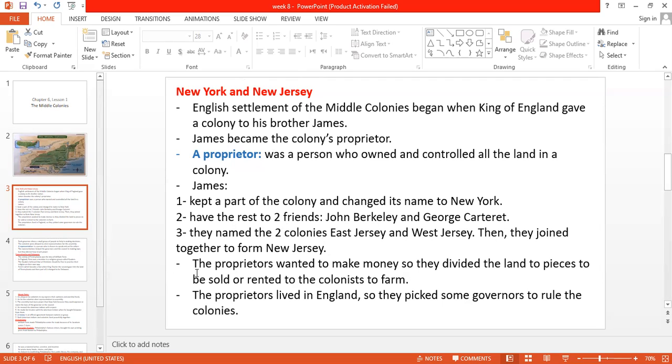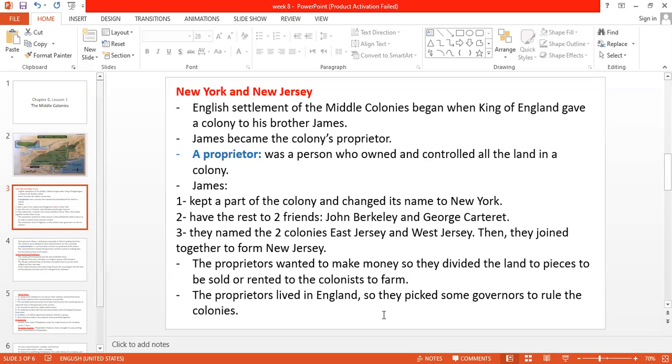The three proprietors wanted to make money from the colony, so they divided New Jersey and New York into plots of land, and they started to sell each part of the land to colonists to start farming. You know, guys, that those proprietors didn't live in America when they took the colony of New York and New Jersey. No, they lived in their country, England.